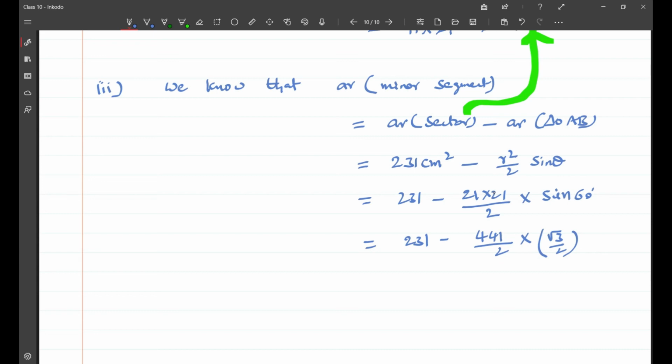So after doing all the calculations, we will get here 190.95, that is equals to 40.05 centimeter square.